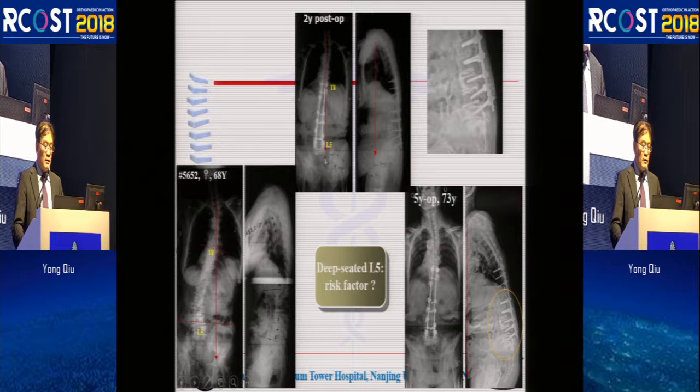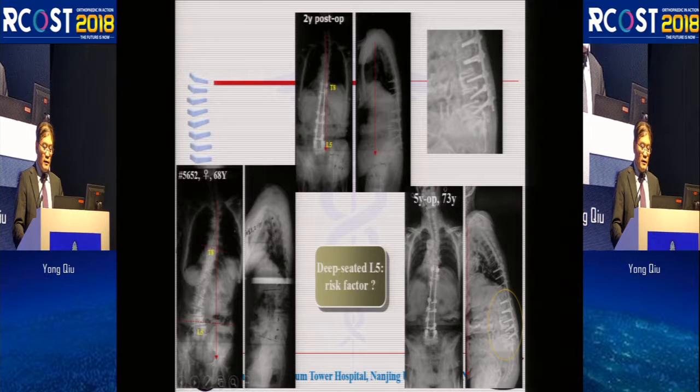But at 2 years follow-up, we can see the patient developed biplane imbalance, kyphosis, and trunk shifting. We proposed revision surgery, and at that time the general condition of the patient was still okay, but the patient and the family declined the revision surgery.